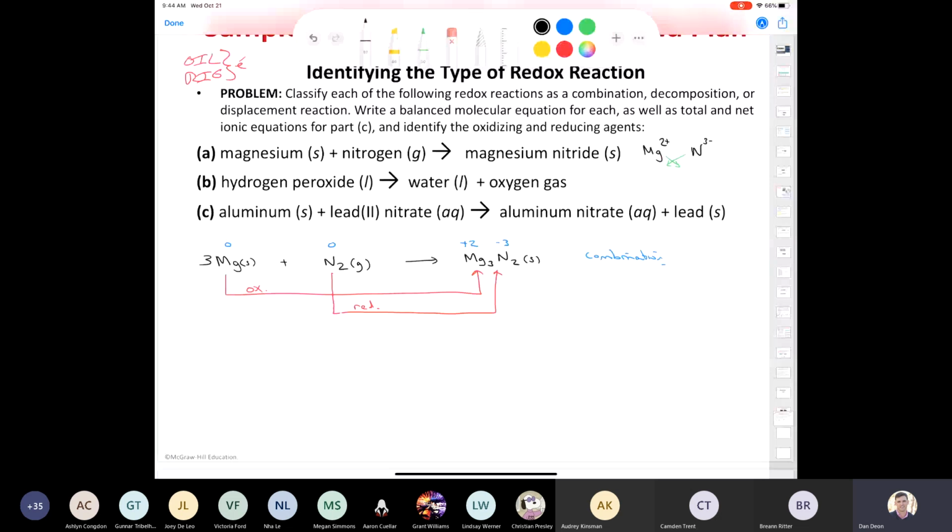Since magnesium is undergoing oxidation, it is the reducing agent because it's causing the nitrogen to be reduced, and the nitrogen is the oxidizing agent because it's causing the magnesium to be oxidized. Give me a thumbs up if you follow me on that one. The first one.